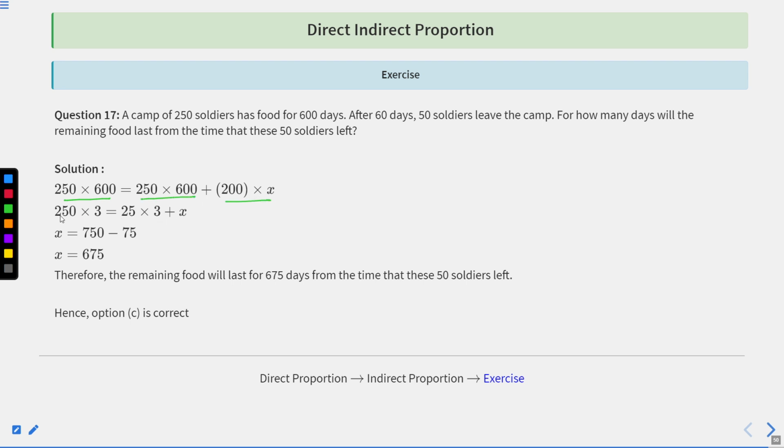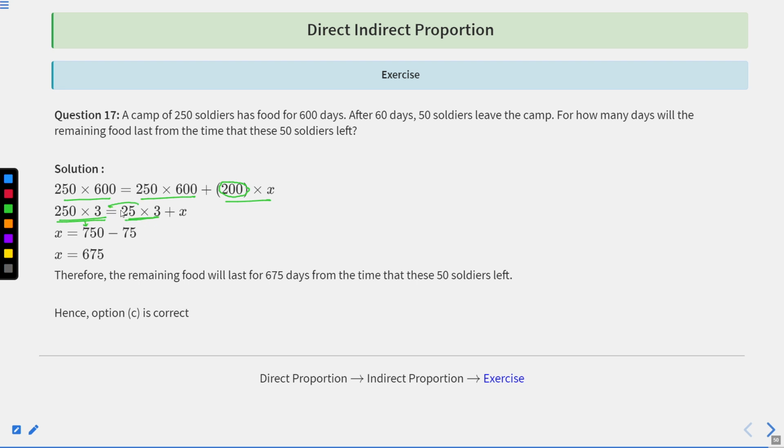When you simplify this, you will be left with 250 into 3 equal to 25 into 3 plus x. We just got rid of this 200. We divided the whole equation by 200, and now multiplying this, it will be 750 and this will be 75.